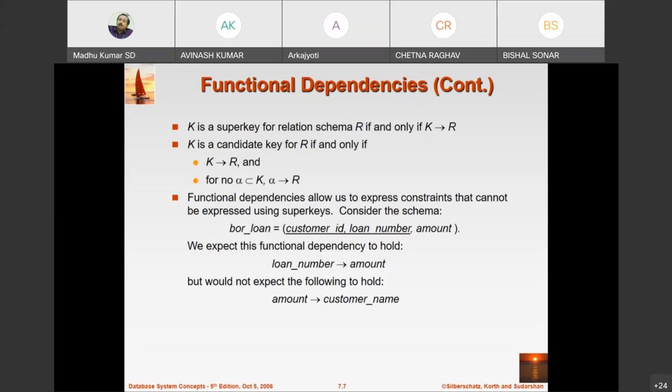So here what is underlined is actually the key. You have customer ID, loan number, and you have an amount as another attribute which is determined by this key. Now the question is, customer ID, loan number determines amount. Is it going to be a full functional dependency or partial functional dependency?